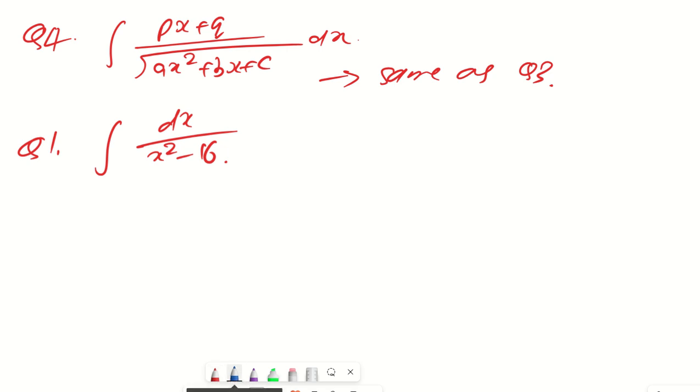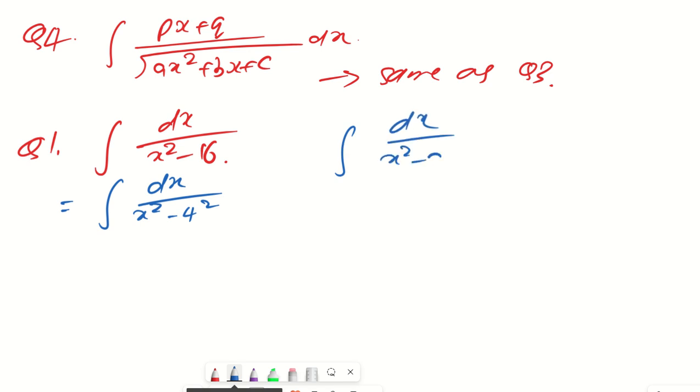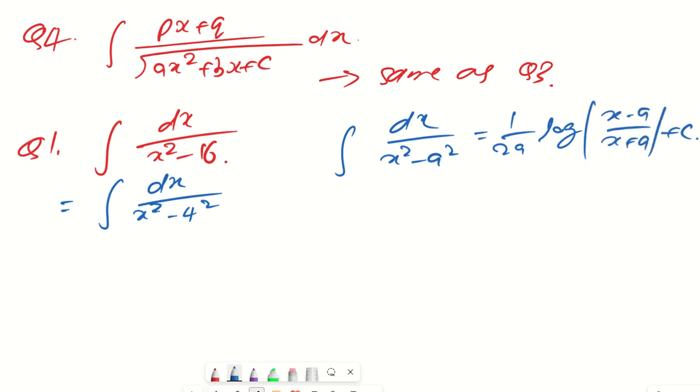So what can we do? Can we write it in terms of dx by x square minus 4 square? So it is looking like integration of dx by x square minus a square, and you know already the formula for this. What was that formula? The formula is 1 by 2a log of x minus a by x plus a plus some constant c.